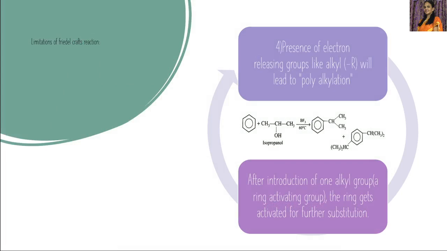Now, other limitations, if we consider here: the presence of electron releasing groups like alkyl groups, that is R groups, okay, will lead to polyalkylation due to rearrangement. Here we have given this example. This is benzene.